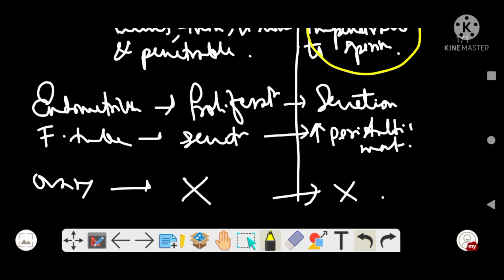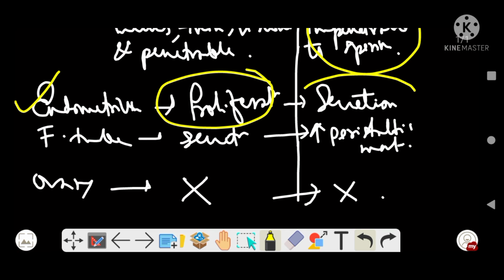In the endometrium, under the effect of estrogen there is proliferation, and under the effect of progesterone there are secretory effects, right? In the fallopian tube, under the effect of estrogen there is secretion, and under the effect of progesterone there are increased peristaltic movements, and the ovary has no effects under both estrogen and progesterone, absolutely no effects.